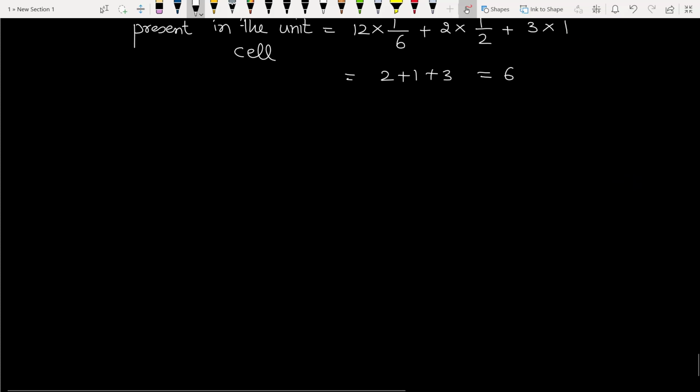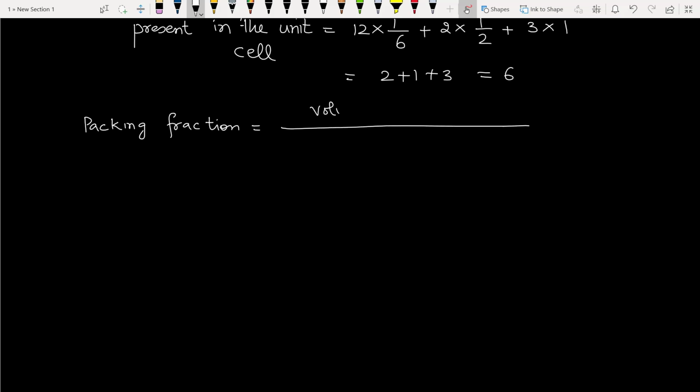Now we are to calculate the packing fraction. As we know, the packing fraction is defined as the ratio of volume of atoms present in the unit cell divided by volume of unit cell.